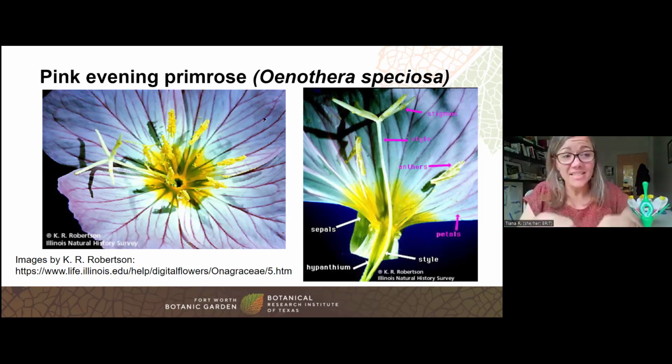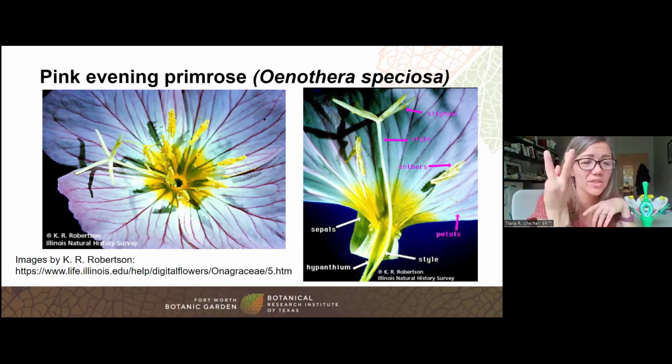Okay, inside, the innermost whorl, the bullseye, we've got the gynoecium. We're not looking at the ovary yet, we'll look at that in the next slide, but you're looking at the style. So that's kind of the stalk that holds up the stigma. Up at the very top of that stalk, you see this 4-branched stigma, right?